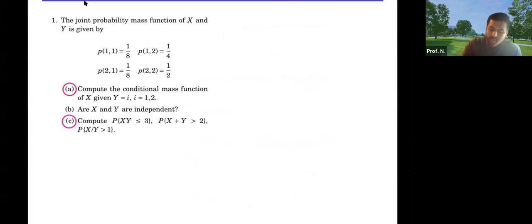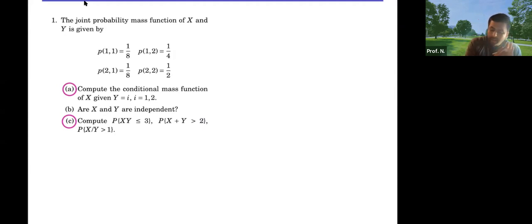Okay, so here we have 2.1, number 1, A and C. We have a joint probability mass function.